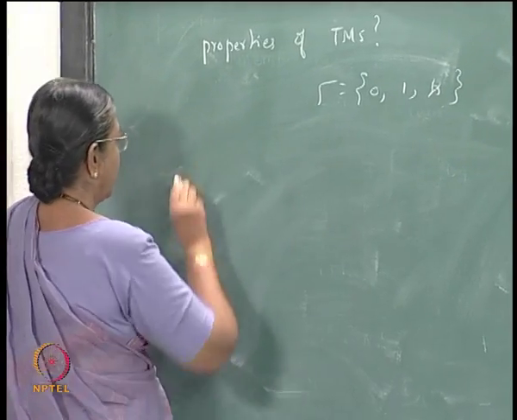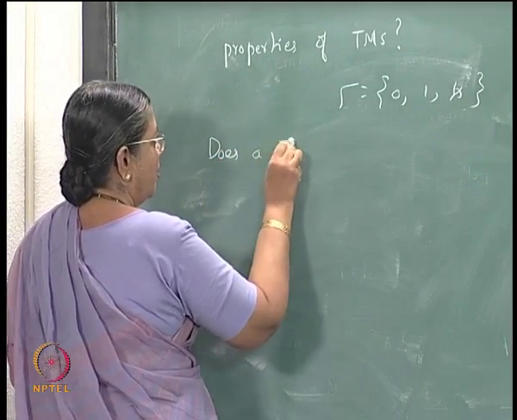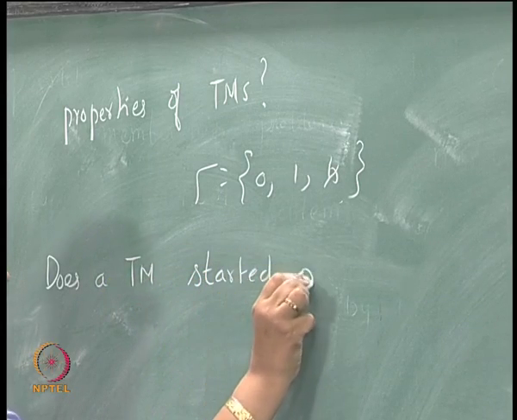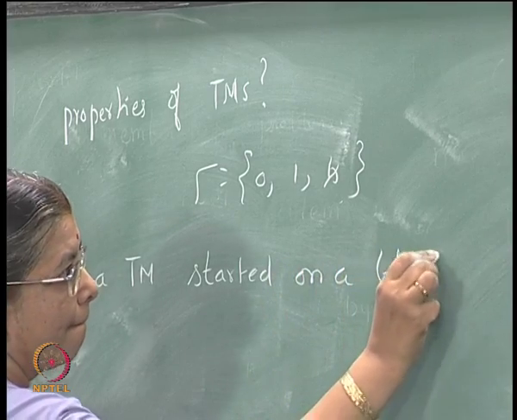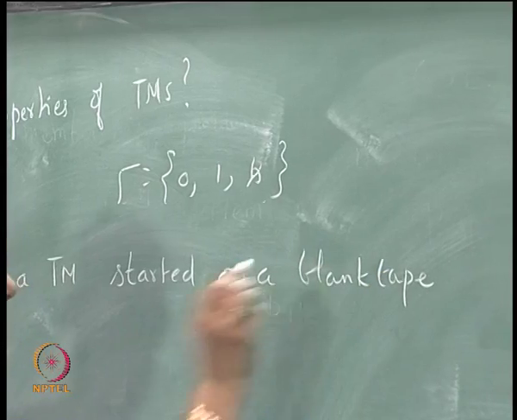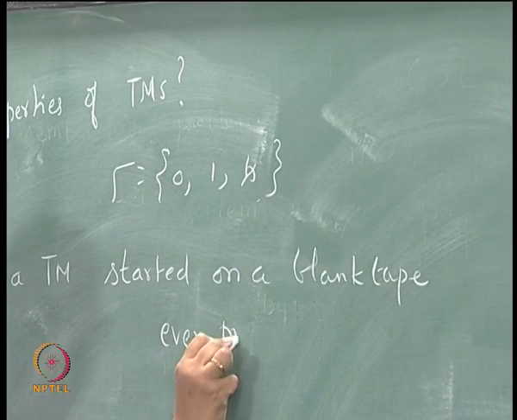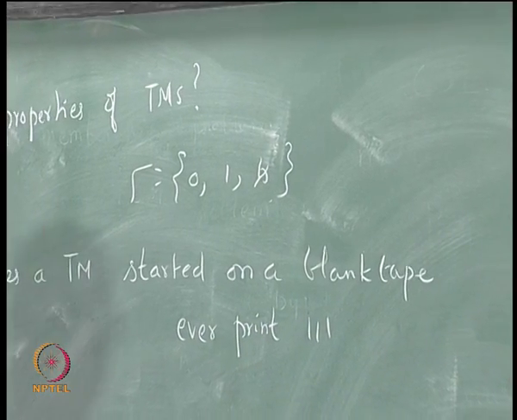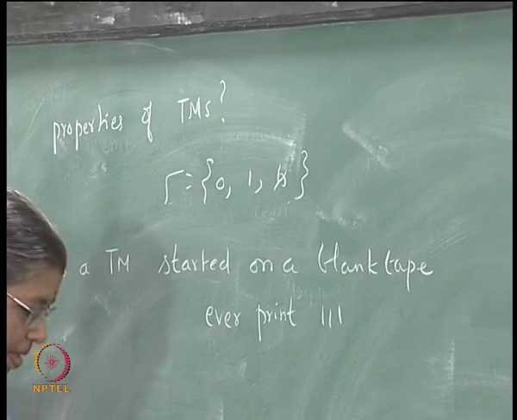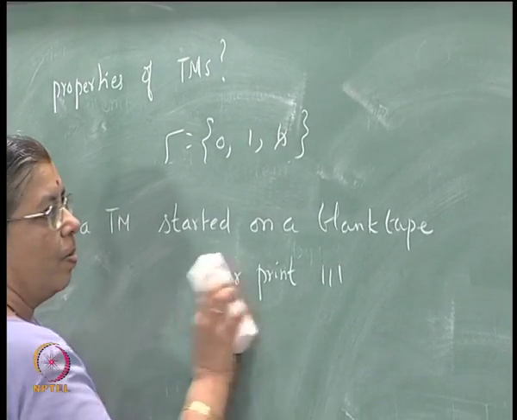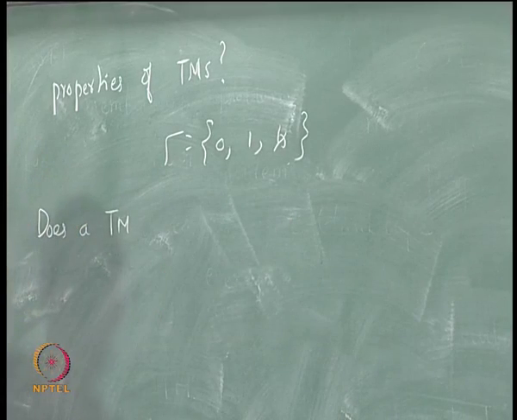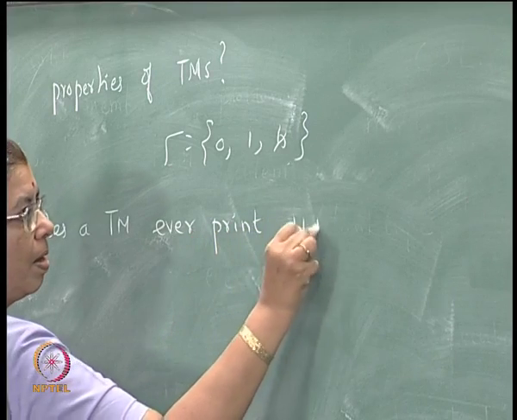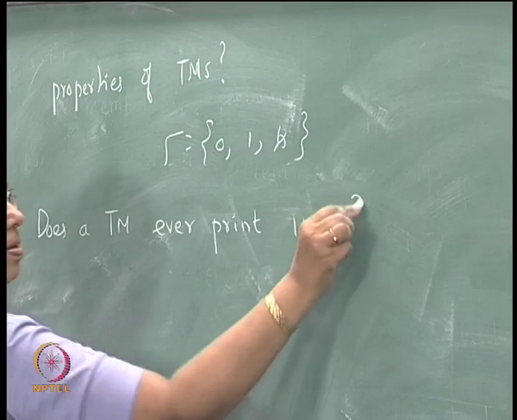So, the question is, does a Turing machine started on a blank tape ever print three successive ones?